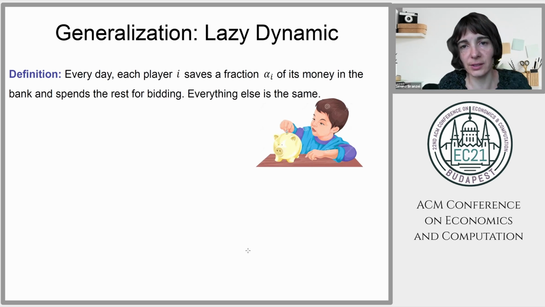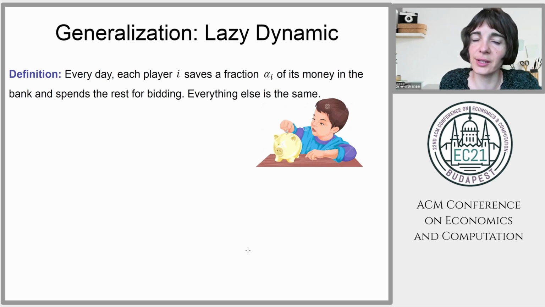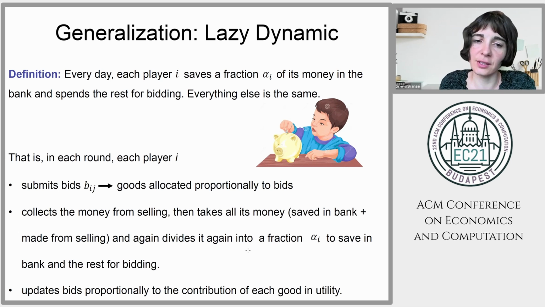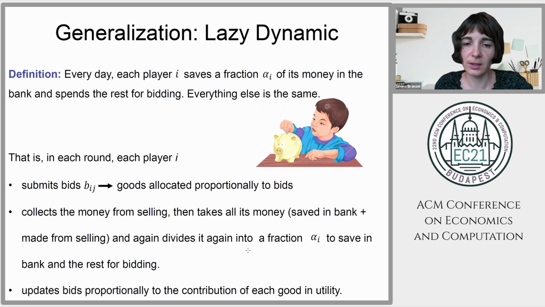We also defined a lazy version of the dynamic where every day each player i will save a fraction alpha_i of its money in the bank and spend the rest for bidding. And everything else is defined the same. So to recap, in each round, each player i will submit its bids b_ij. The goods will be allocated proportionally to the bids.